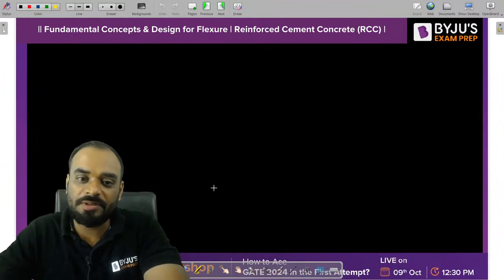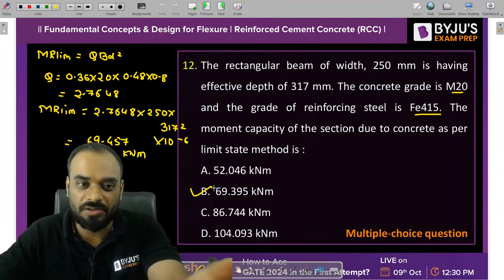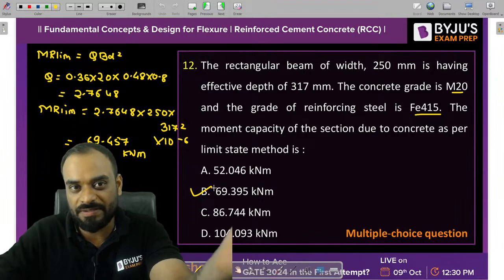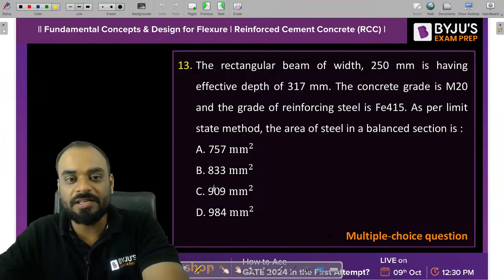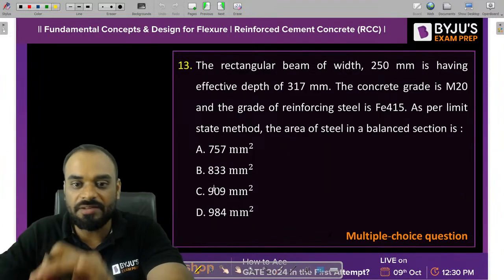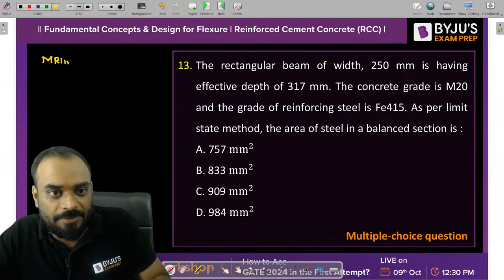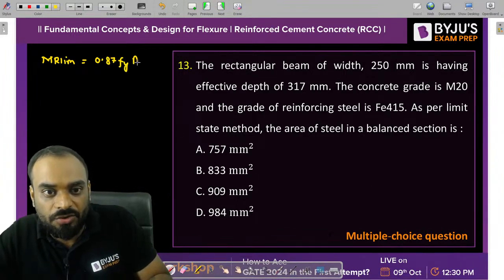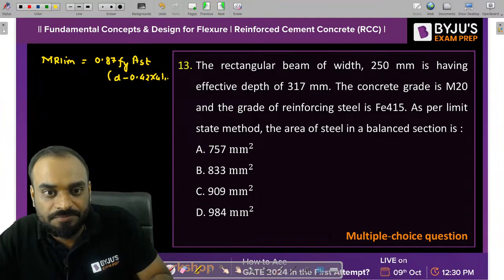Guys, the same problem is there. That means we know the MR limiting value over here. You know the value 69.457 kilonewton meter is the MR limiting, right? For this limiting case, we need to estimate the area of steel which is required. So can I say, guys, directly MR limiting is equal to how much? It can be written as T force, which is 0.87 fy into Ast, multiplied by lever arm, which is d minus 0.42 xu limiting.